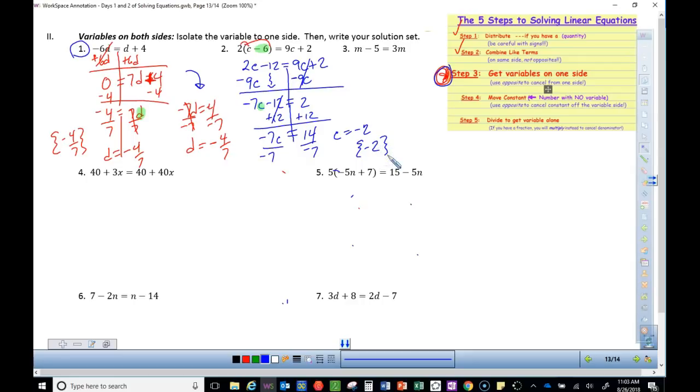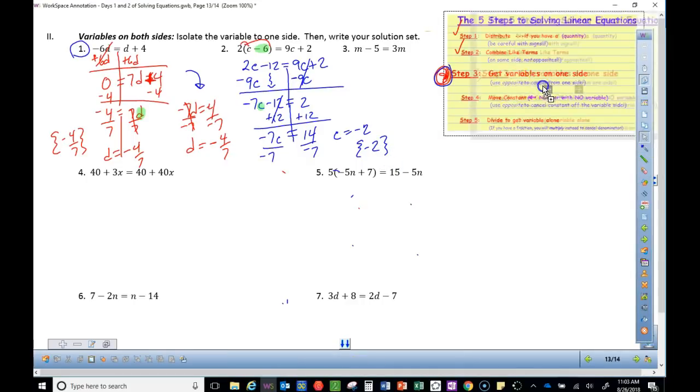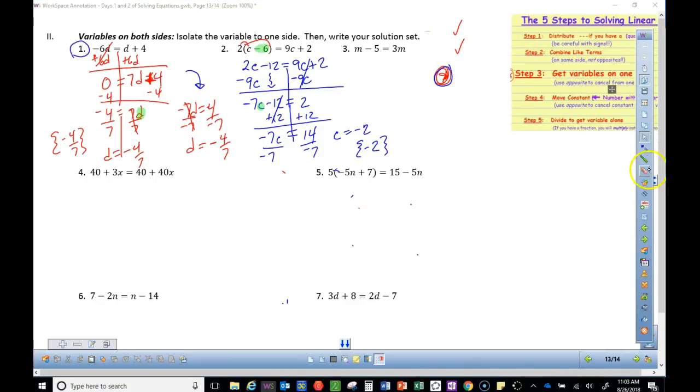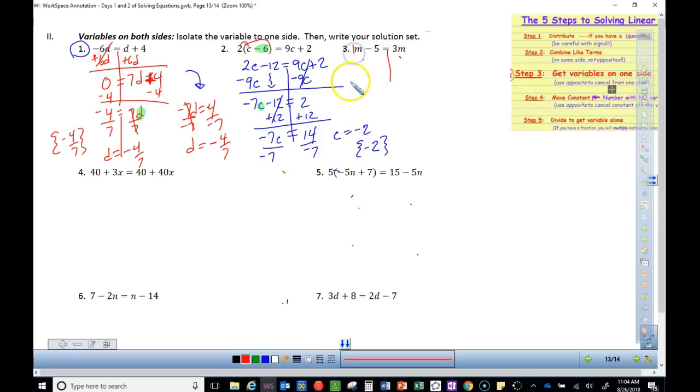All right. Now, let's see here. Make a little space. For number 3, here's my equal sign. So I could move the 3m over, but then I'm going to end up with nothing on this right side. So I'm going to go ahead and move the m. If you need to, write it. Remember, that's an invisible 1m. So to get rid of a whole 1m, we're going to minus 1m to both sides.